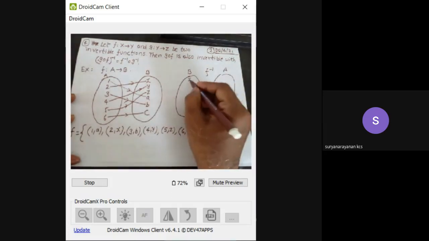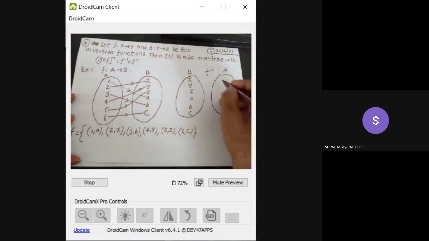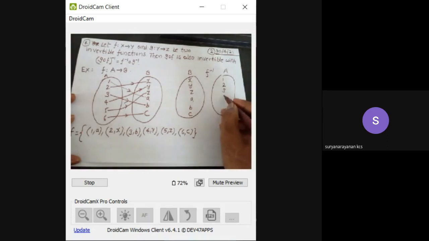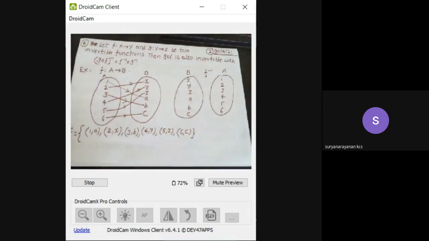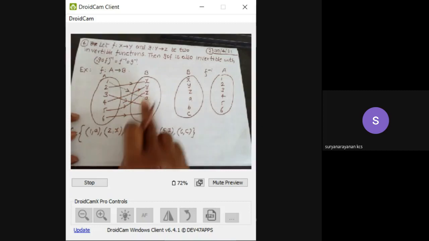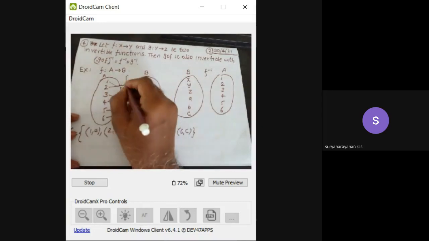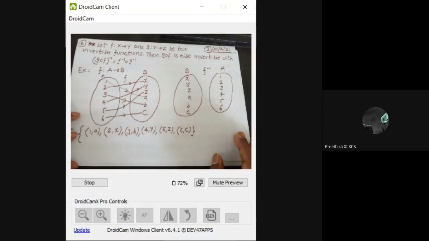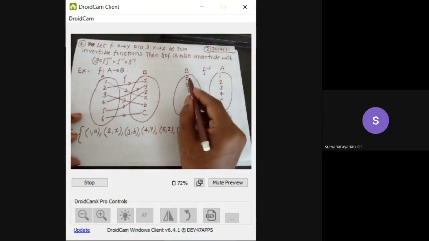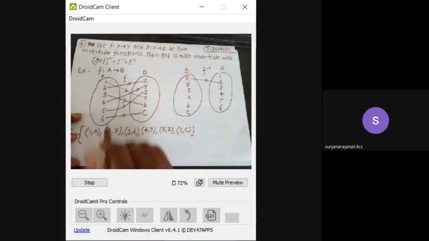Now we write X, Y, Z, A, B, C, 1, 2, 3, 4, 5, 6. In the reverse process, what is the preimage of X? 2, sir. So we connect X with 2, in the reverse order.